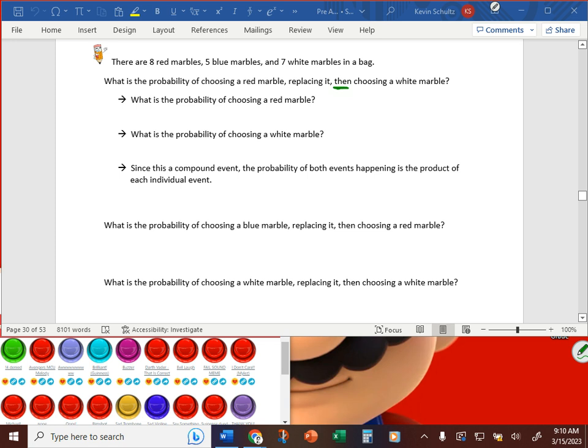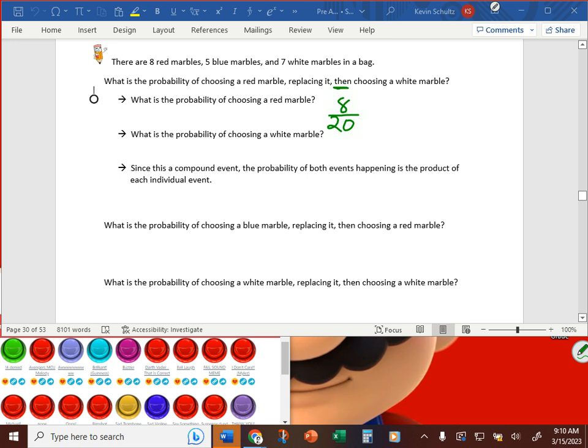So we're going to start by answering the question, what is the probability of choosing a red one? Simple probability, a single event. As a fraction, the probability of choosing a red marble. Adrian, how many red marbles are there? 8. How many marbles are in the bag? 20. So the probability of choosing a red marble is 8 out of 20.